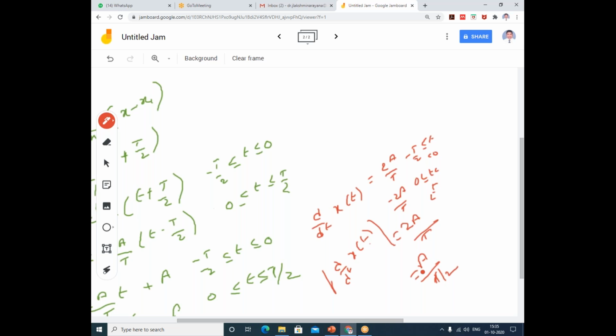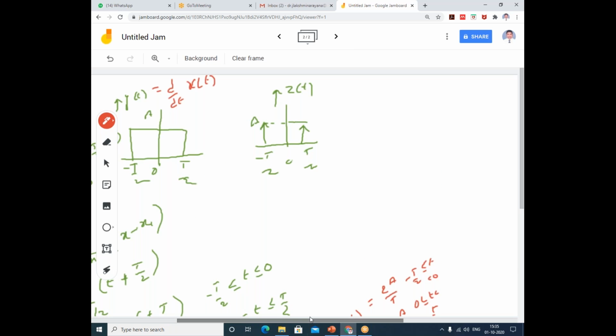So what you will get at T by 2 is a signal having an amplitude of capital A, continuing up to 0, and at T by 2 the amplitude is minus. So you see the difference between plus and minus. Plus in the sense it is rising.